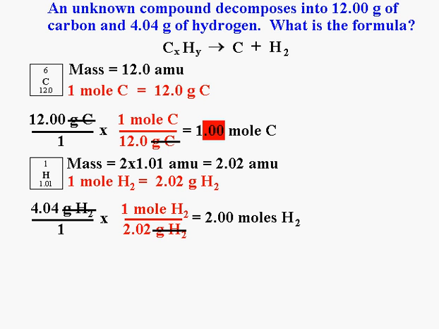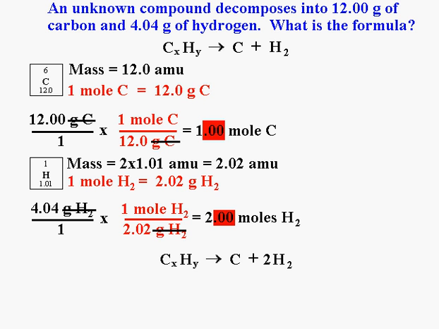In the same way, 2.00 wouldn't make sense, so I'm going to get rid of that 0.00 and just call it 2. So in the end, the chemical equation becomes CXHY decomposes into 1 C and 2 H2s, because I produced 1 mole of C and 2 moles of H2.